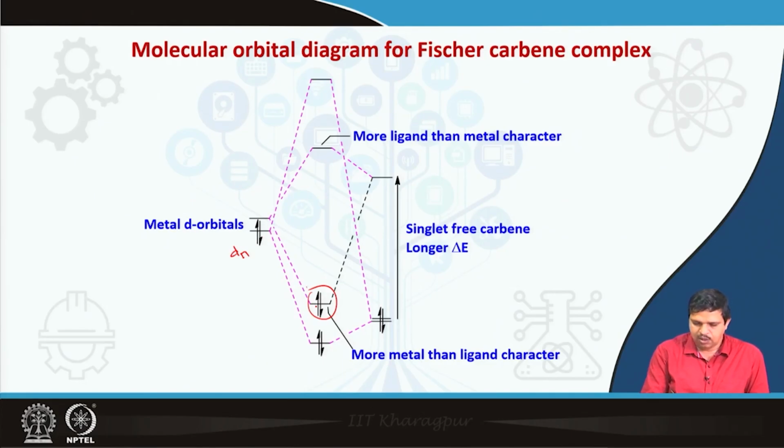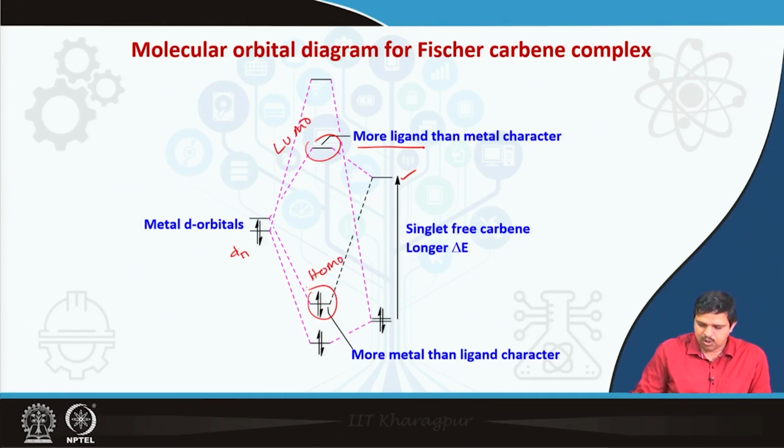And the LUMO here is close to the LUMO of the free singlet carbene, and that's why the LUMO has more ligand character than metal character. Okay. So here this is the LUMO and this is the HOMO.